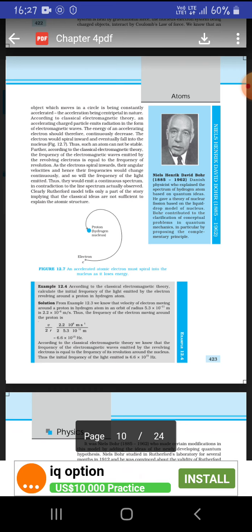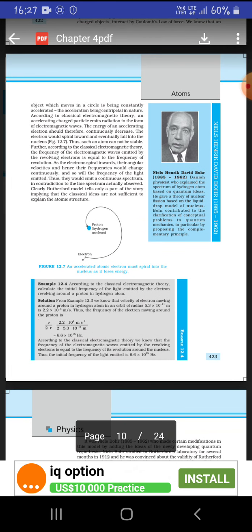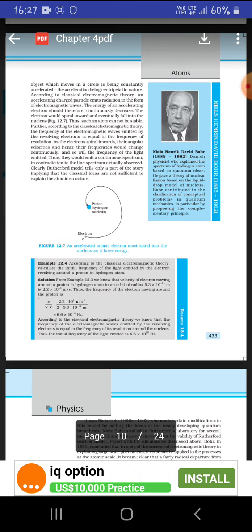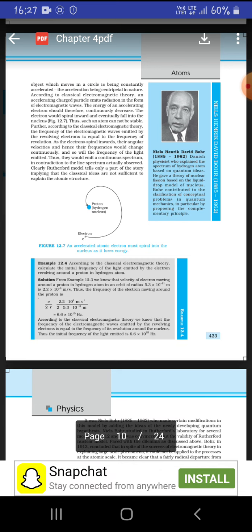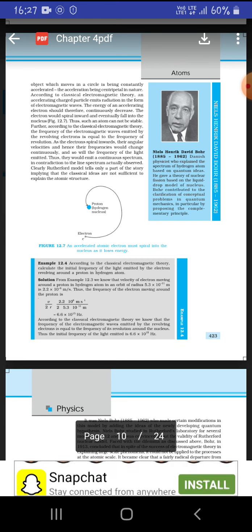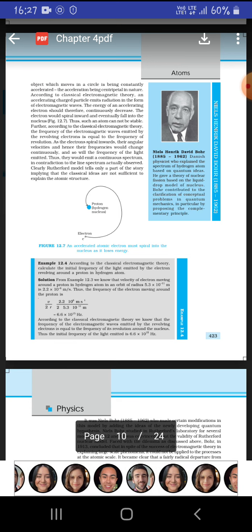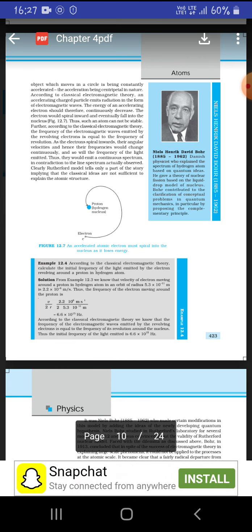According to classical electromagnetic theory, an accelerated charged particle emits radiation in the form of electromagnetic waves, and the energy of the revolving electron should therefore continuously decrease. The electron would spiral inward and eventually fall into the nucleus, because its energy keeps getting lower due to the continuous radiation.